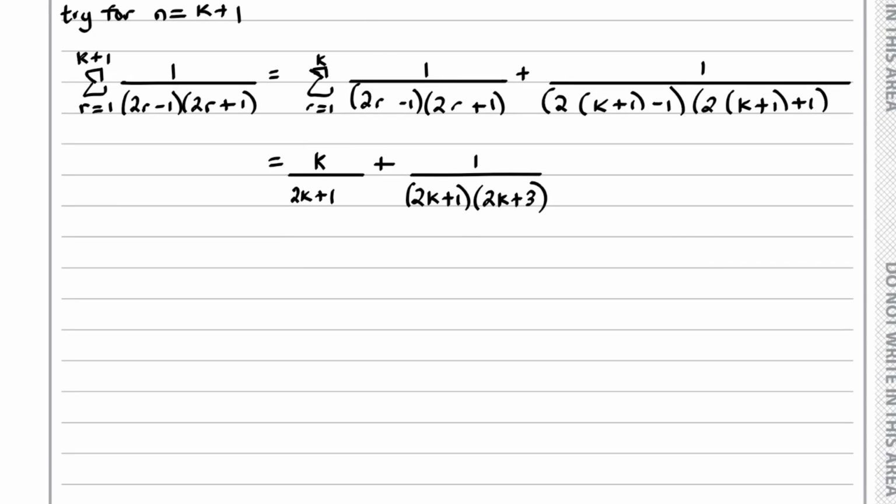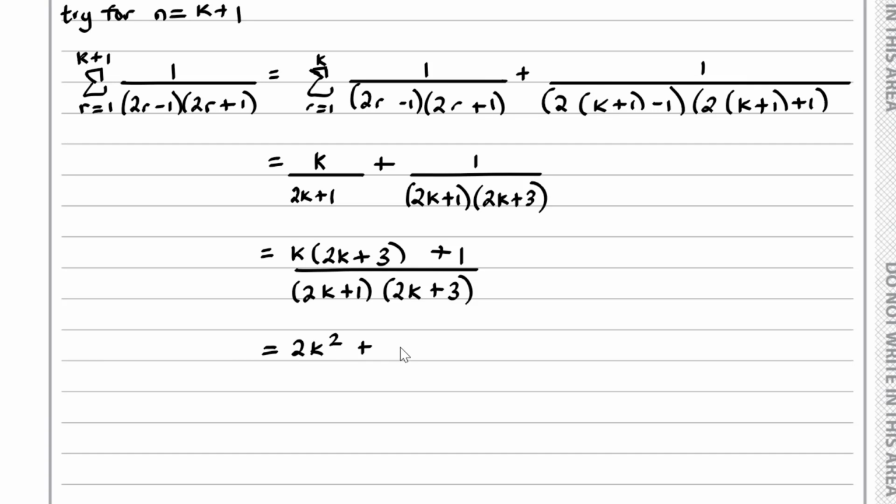We want to end up with a result which looks like this. So, if we combine these fractions, here we have k lots of 2k plus 3 plus 1 over 2k plus 1 lots of 2k plus 3. And on the top we can simplify that even further.